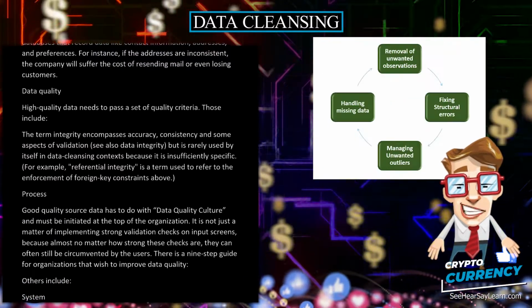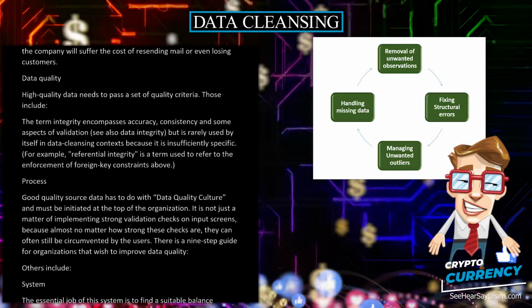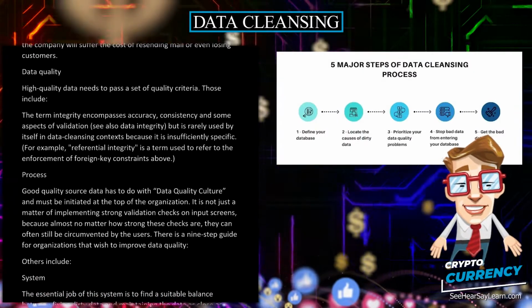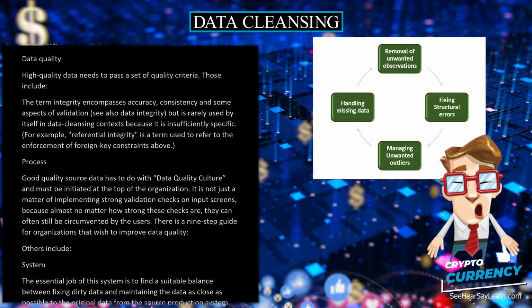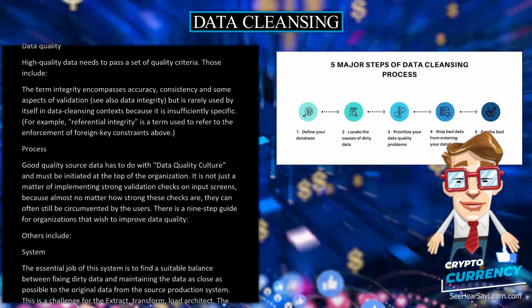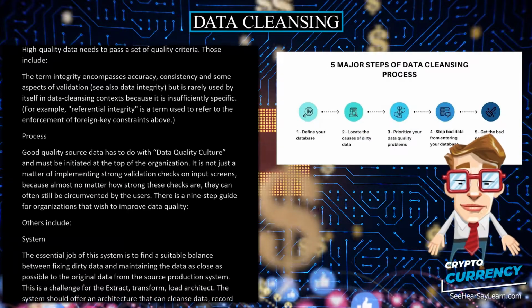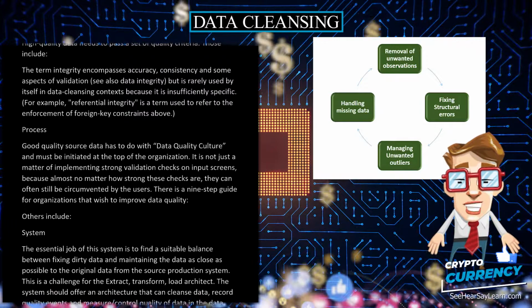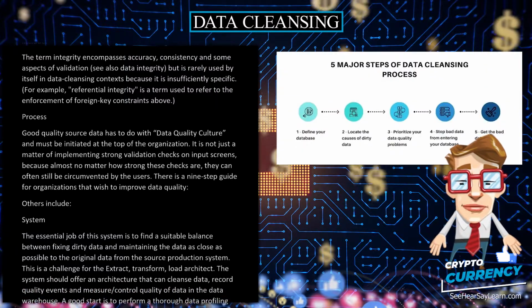For example, referential integrity is a term used to refer to the enforcement of foreign key constraints above. Process. Good quality source data has to do with data quality culture and must be initiated at the top of the organization. It is not just a matter of implementing strong validation checks on input screens, because almost no matter how strong these checks are, they can often still be circumvented by the users.